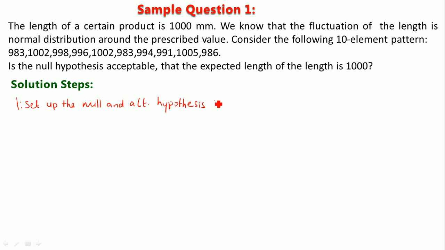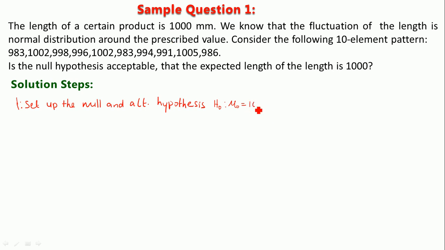You simply say H0 is the null hypothesis, which means what has been believed that you want to prove or you want to test. So it says that the initial length is 1000. That is the null hypothesis.